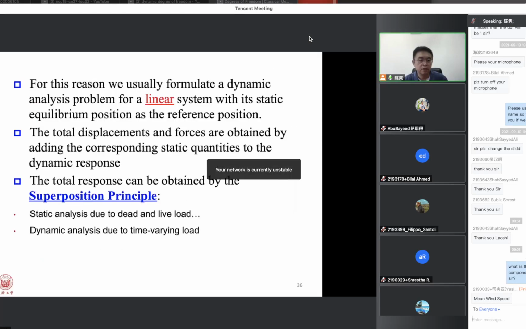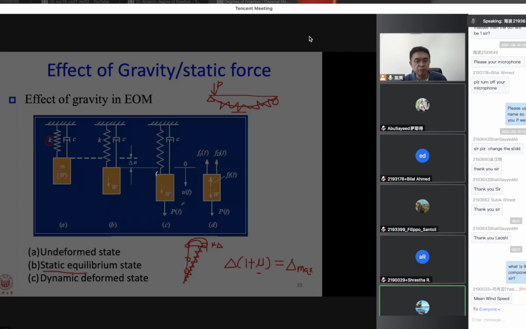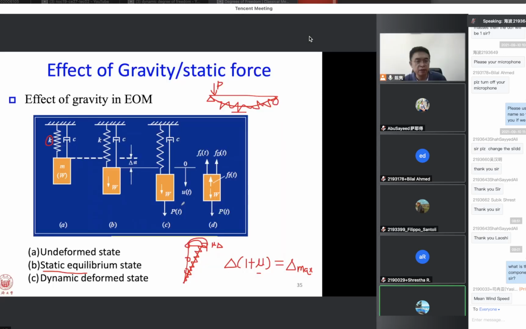For example, the spring is having vertical deformation, and we also have a beam, and the beam also is having displacement.